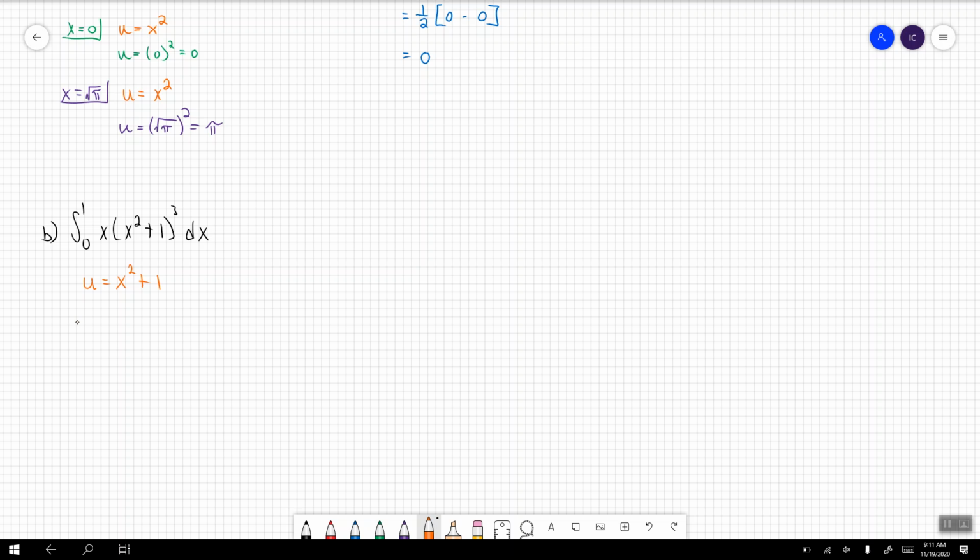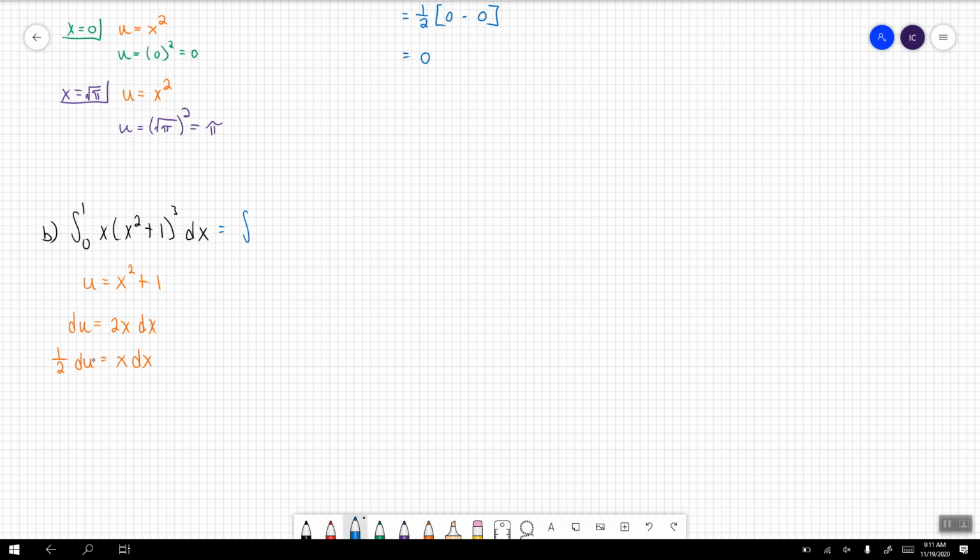Taking the differential here, du is going to produce 2x dx, and I do see x dx, but I don't see the 2, so I'm going to divide by that. So I get 1/2 du is equal to x dx. Let's make that substitution then. That's going to be the integral.